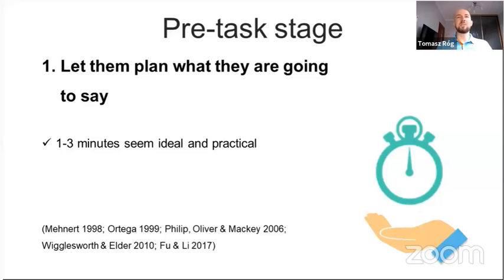And because they have time to prepare, it results in fewer pauses, fewer hesitations, fewer breaks, and so on. Because learners think about what they're going to say, they focus less on how they're going to say this. So accuracy, in most cases, is not affected by planning. So my first tip, let them plan, and not more than 3 minutes.